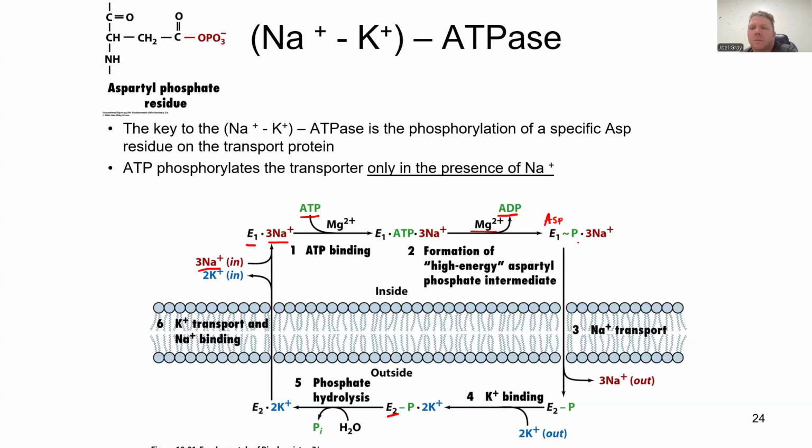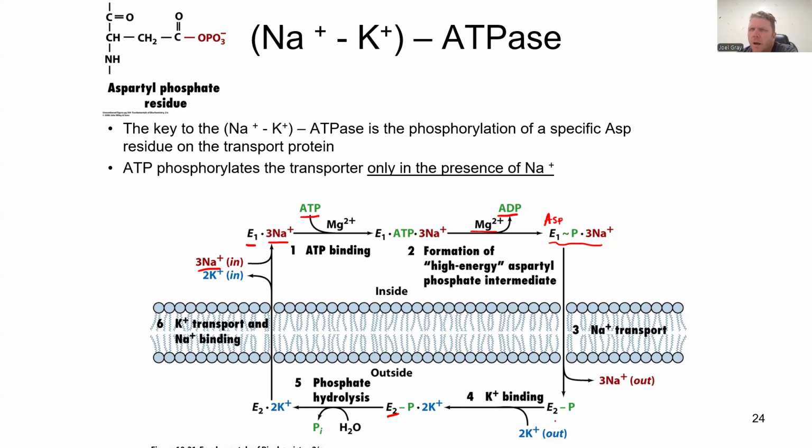That is the major indicator that this protein is ready to undergo a conformational change and release sodium ions onto the other side of the membrane. So that phosphorylated E1 undergoes this conformational change. Those 3 sodium ions can then be released onto the other side of the membrane.